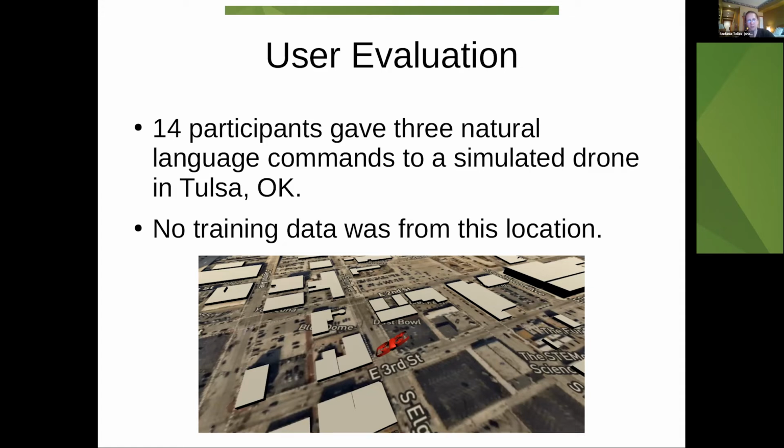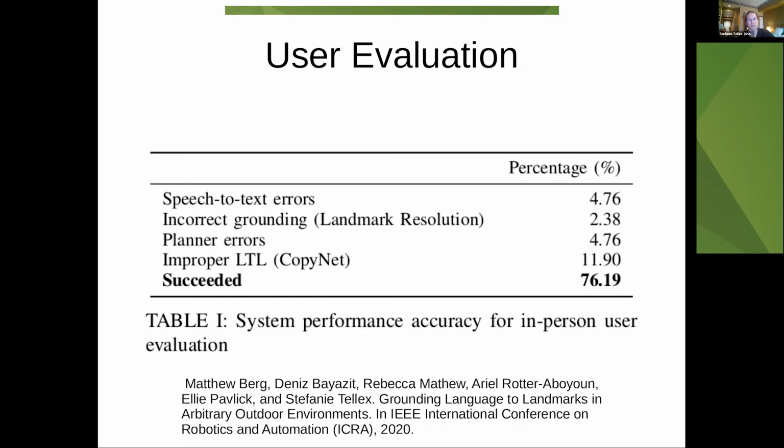In this case, they took it to Tulsa, Oklahoma, in simulation. This was all during COVID, and there was no training data from this location at all, but the robot's able to understand commands because of the ability to extract the noun phrases and go from there.